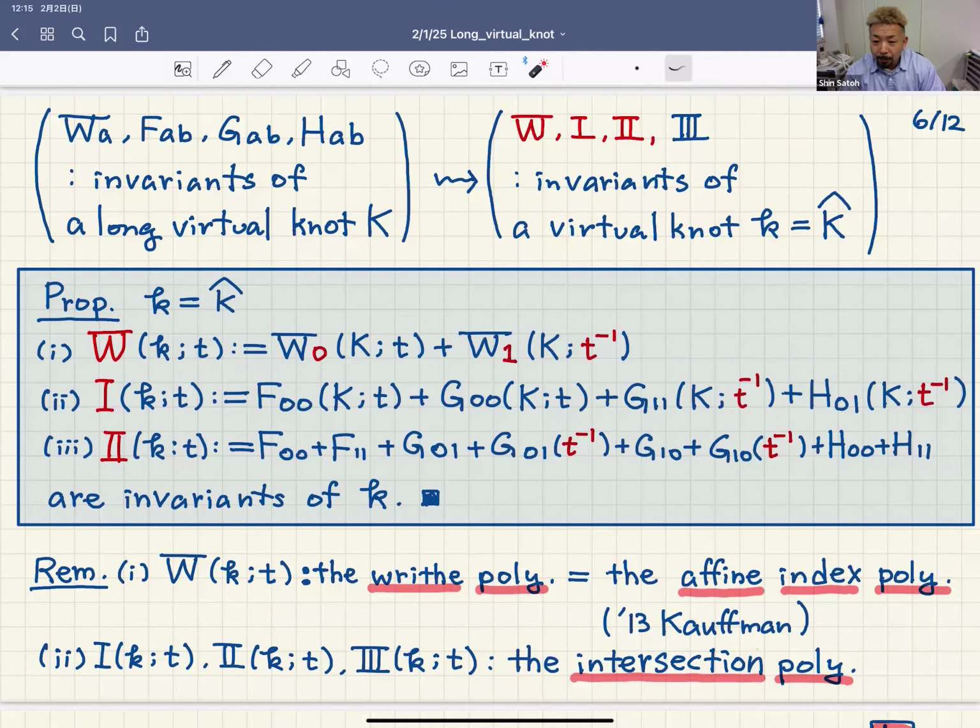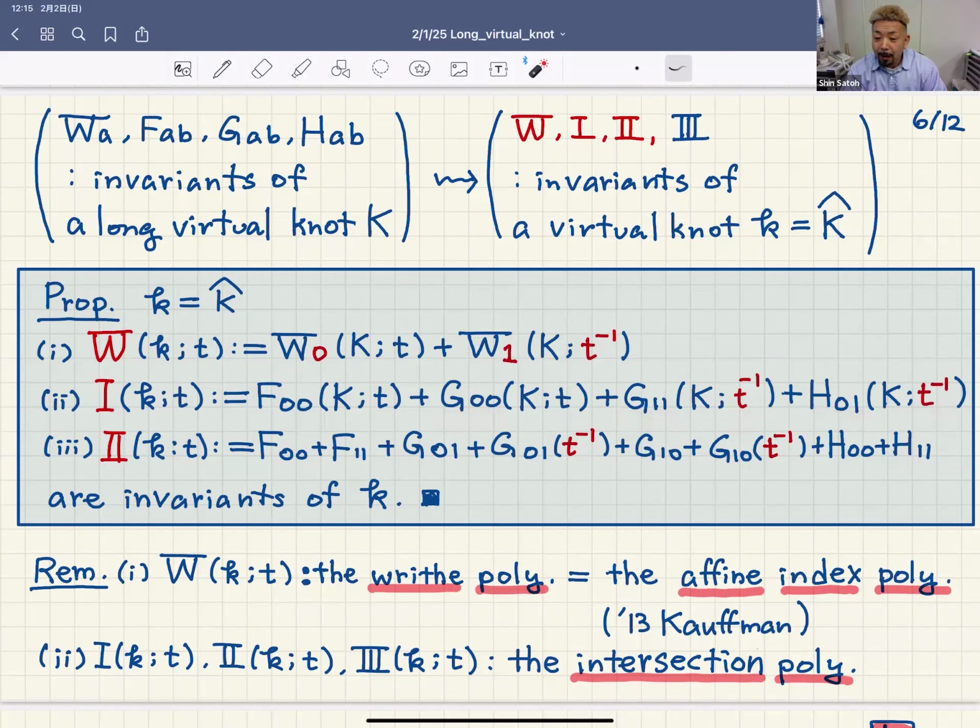Also, the polynomials one or two are obtained from the intersection polynomials of the long virtual knot as in this equation. For example, the first polynomial is F00, G00, G11 with T inverse, H01 T inverse.